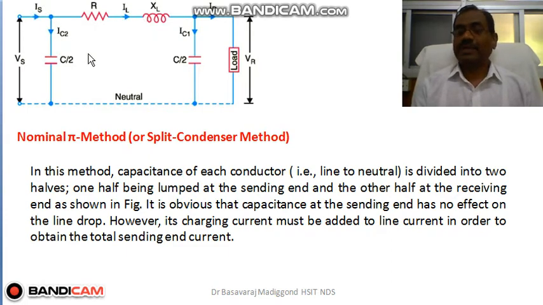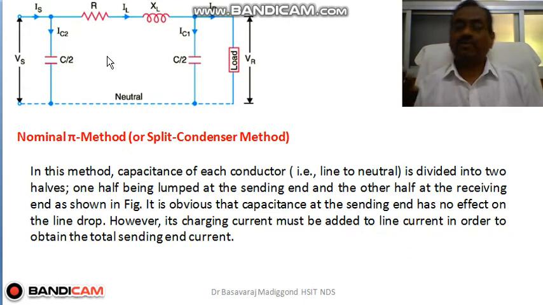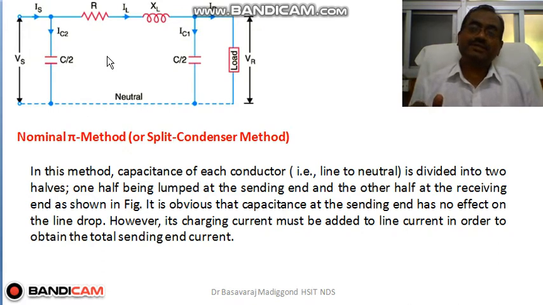IC2. If we want to calculate the percentage of voltage regulation, then we must know Vs, because the percentage regulation is given by Vs minus VR divided by VR.